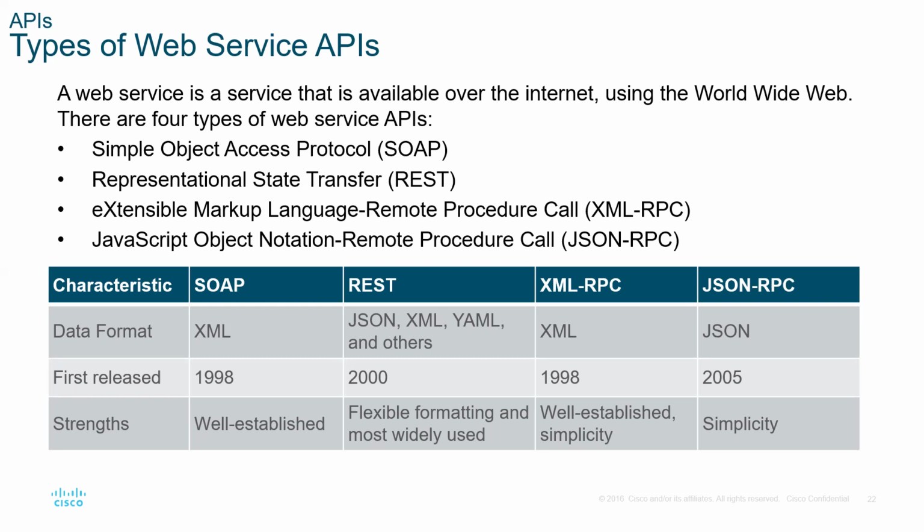Then we have XML-RPC, then we have JSON-RPC. In their characteristics, you can see from the data formats, REST has all the data formats. I think probably that is why it is most widely used.